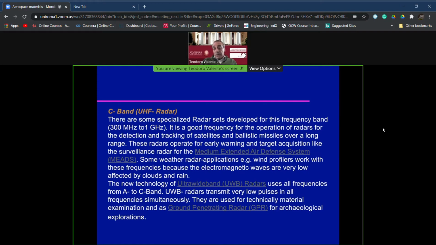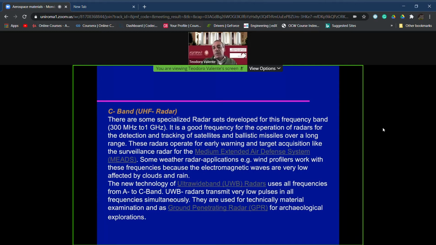There is also a new technology in this area, the so-called ultra-wideband, UWB, radars, which use all the frequencies from the A to the C band.